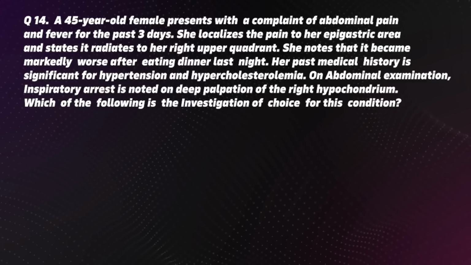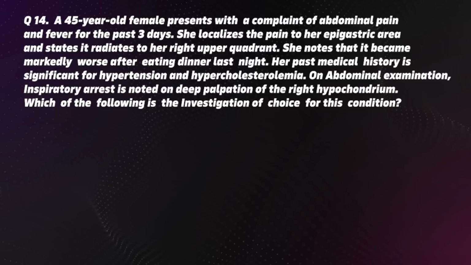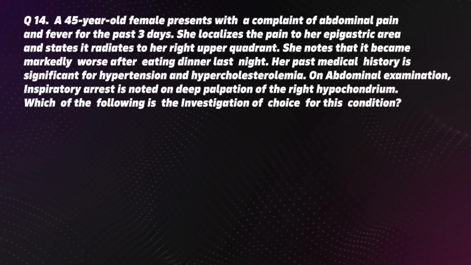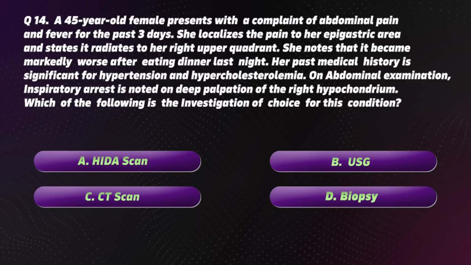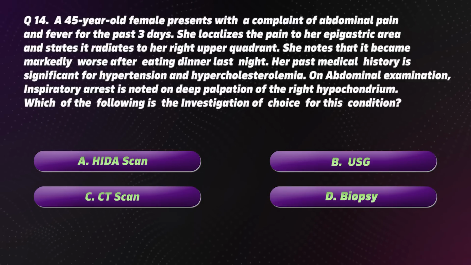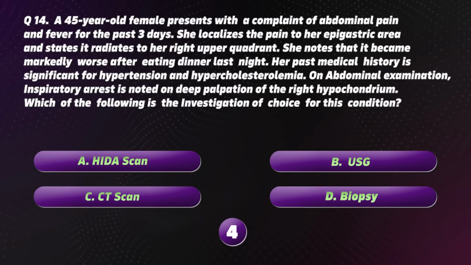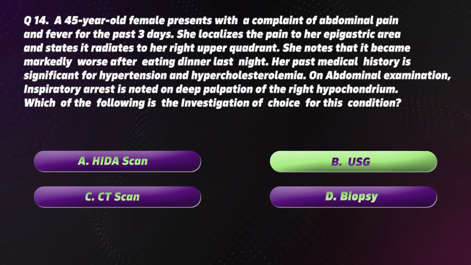On abdominal examination, inspiratory arrest is noted on deep palpation of the right hypochondrium. Which of the following is the investigation of choice for this condition? Here are the options. A. HIDA scan. B. USG. C. CT scan. D. Biopsy. And the correct answer is option B, USG.